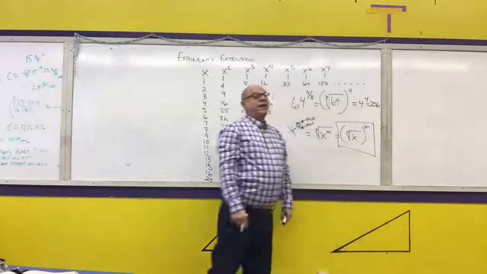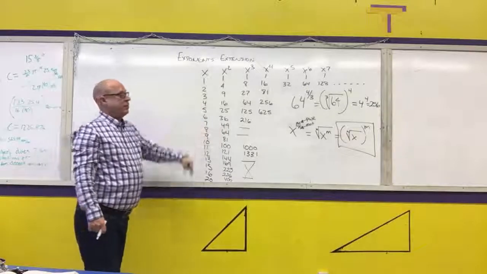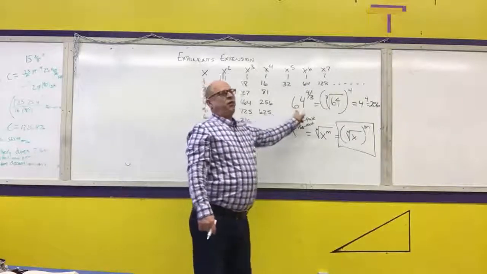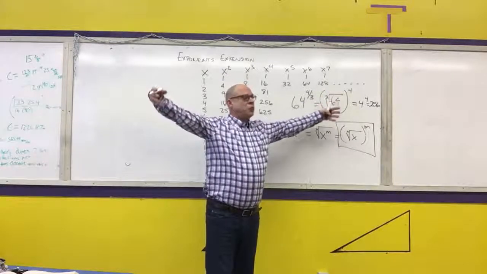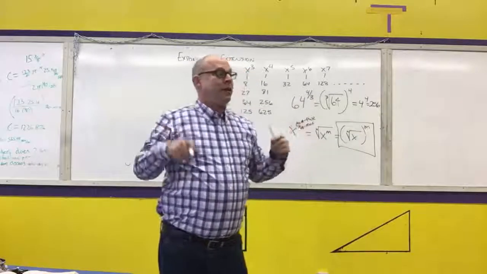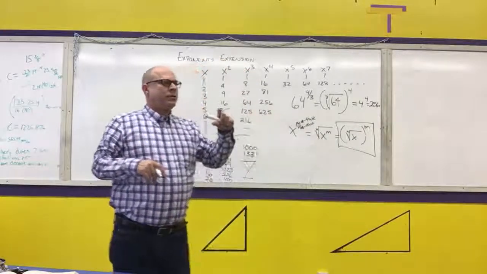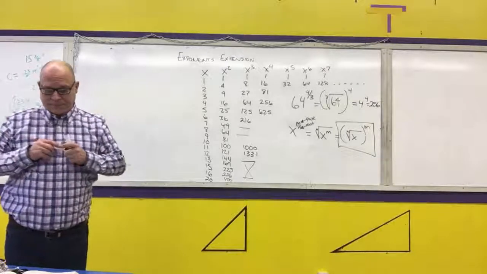You can do that one in your head once you have this list of required memorizations down. However, if you put 64 to the 4th in, you're going to get a big, huge, long honking number, and then trying to find the cube root of that in your head is not going to be fun. So take the roots and then raise that final answer to a power.